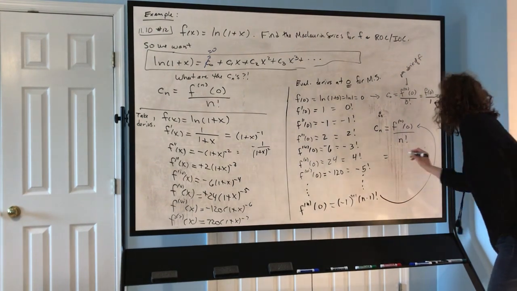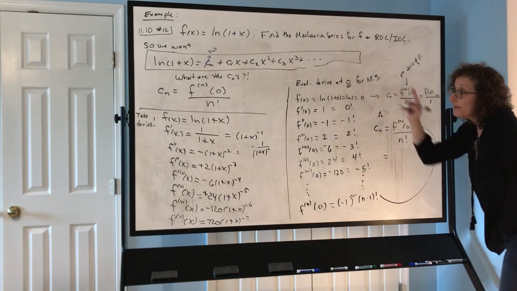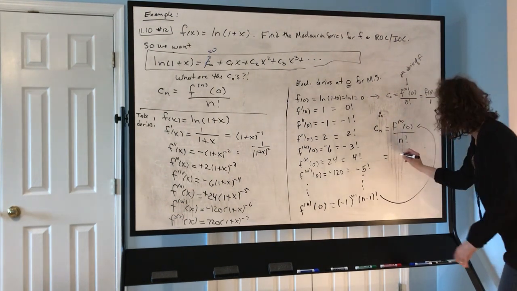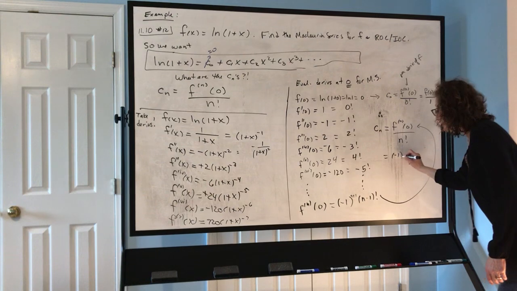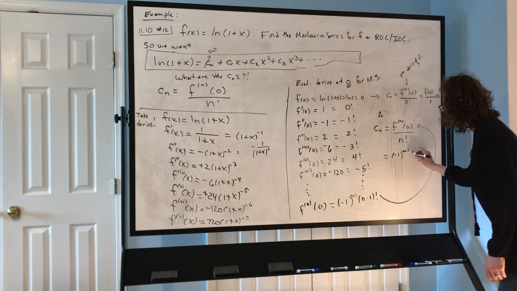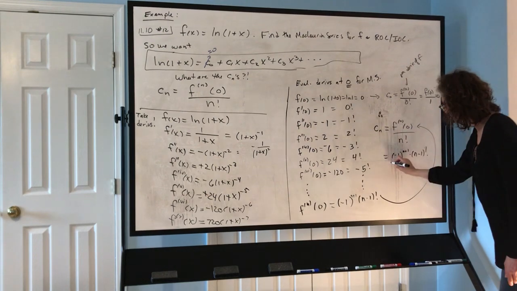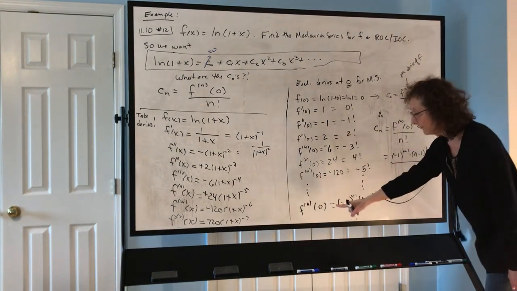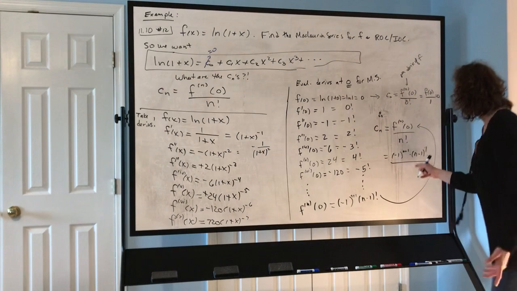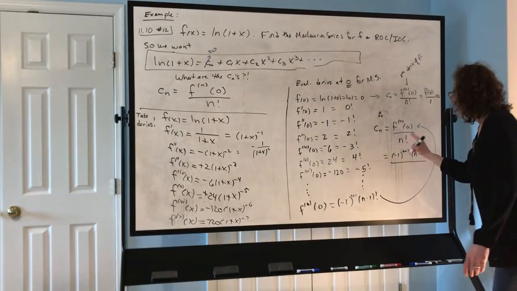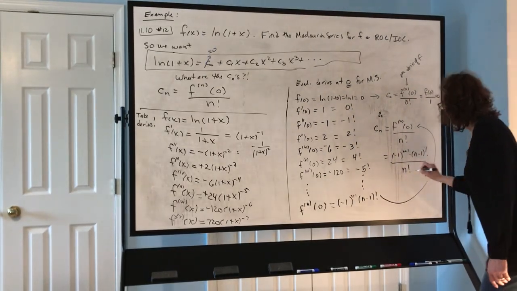So for the natural log of 1 plus x, what am I going to put in? Minus 1 to the n plus 1 times n minus 1 factorial. That's my fn's of 0, my derivatives of the function f evaluated at 0. I have a nice general formula for that. And then I divide by n factorial.